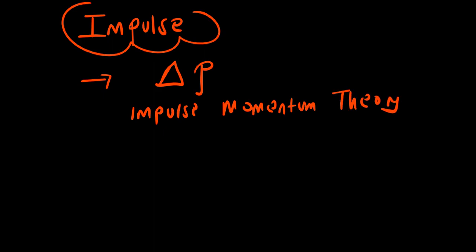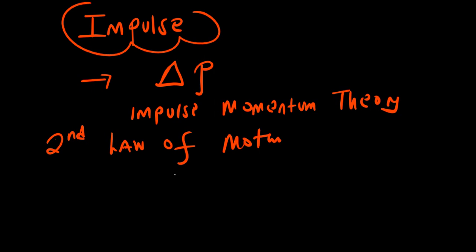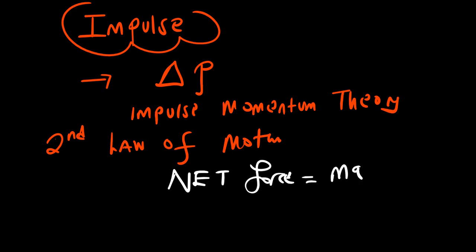Now, what does the impulse momentum theory state? It all stems from Newton's second law of motion. From Newton's second law of motion, you know that the net force is just equal to your mass multiplied by your acceleration.